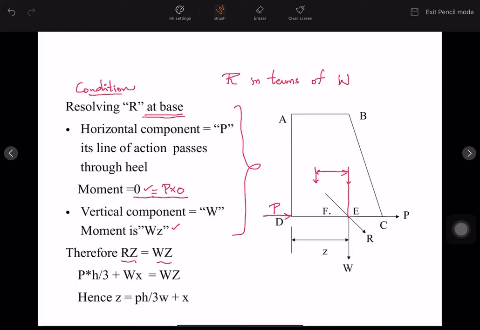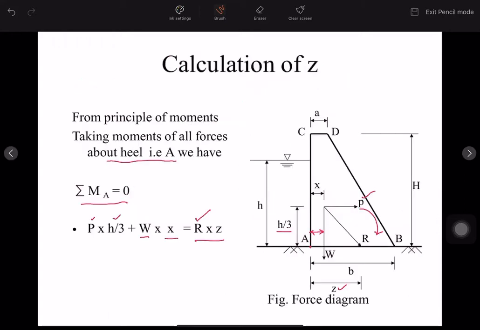Therefore, R into Z equals W into Z, and ultimately we will substitute that RZ as WZ.